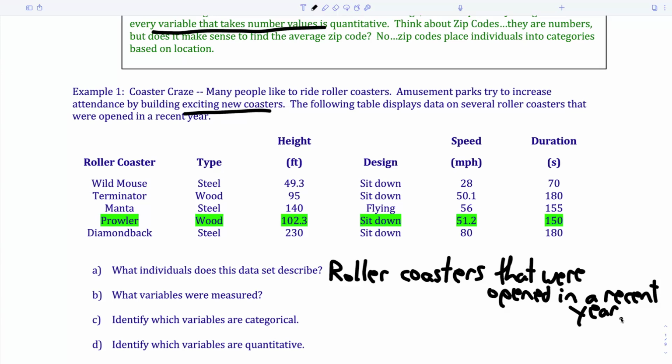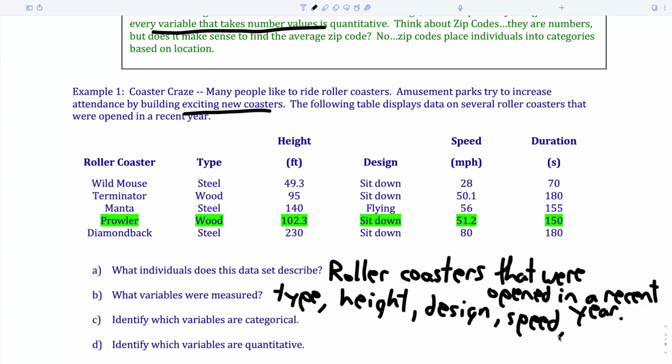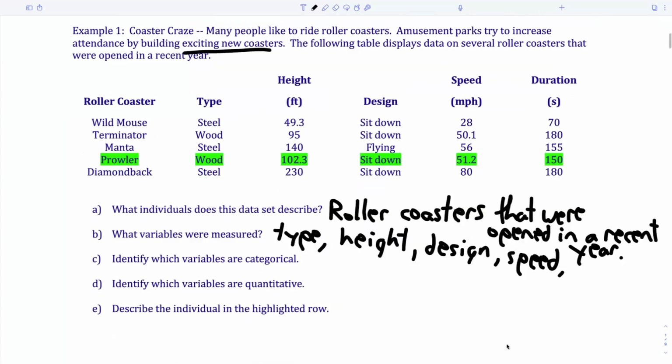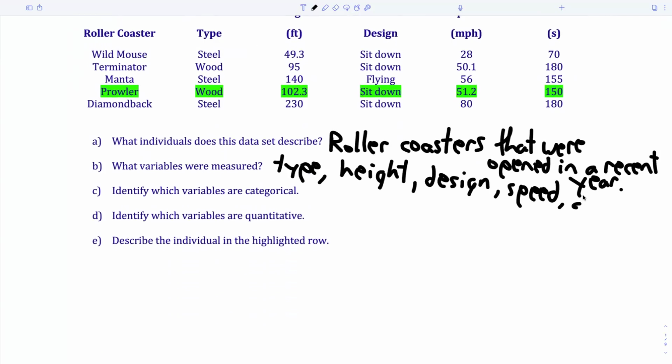What variables were measured? Well, there's several. We have type, height, just following the columns there. Design, speed, and duration. Identify which variables are categorical.